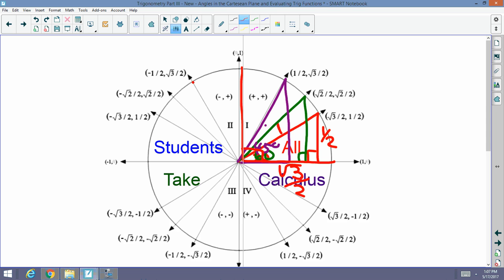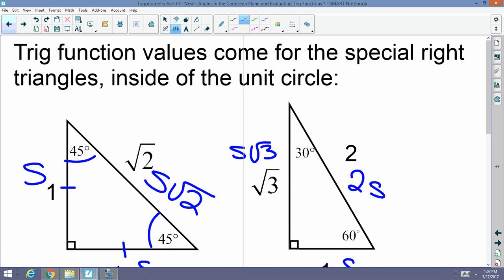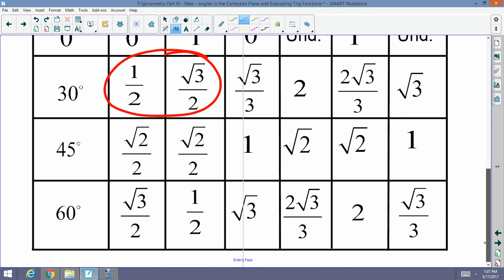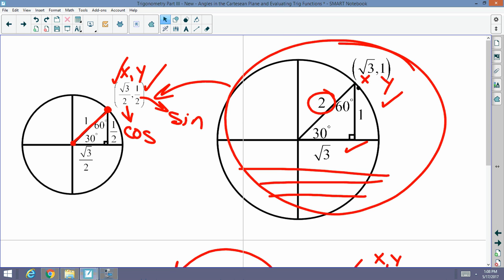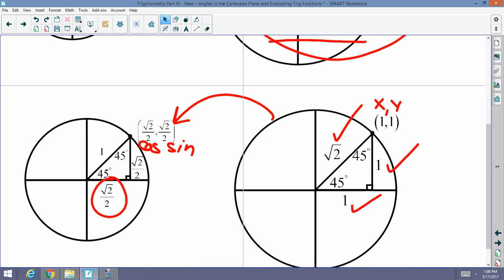So every one of these points is just a new location of where the angle ended. You don't have to memorize this. This will be for next year where you have to memorize this. But if you notice, all of these came from this table. And this table was made from the unit circle, which was made from the 30, 60, 90, or the 45, 45, 90.